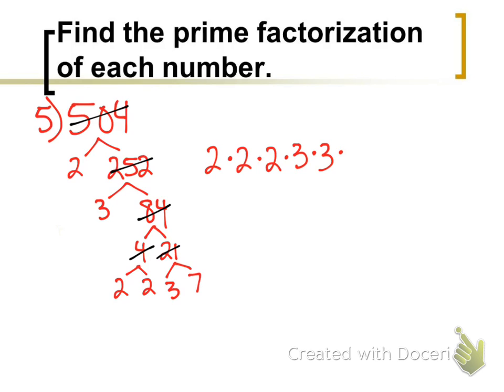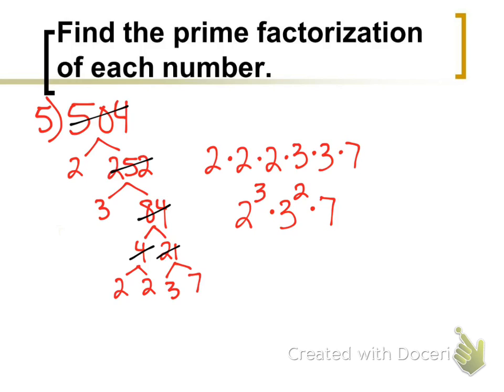And what else goes on there? That's 7. If you would rather write it with exponents, we again would have 2 to the 3rd power, 3 to the 2nd power. Does 7 need an exponent? No. If I gave it an exponent, what would it be? A 1, 7 to the first. Okay, so either of these would be acceptable as your answer.